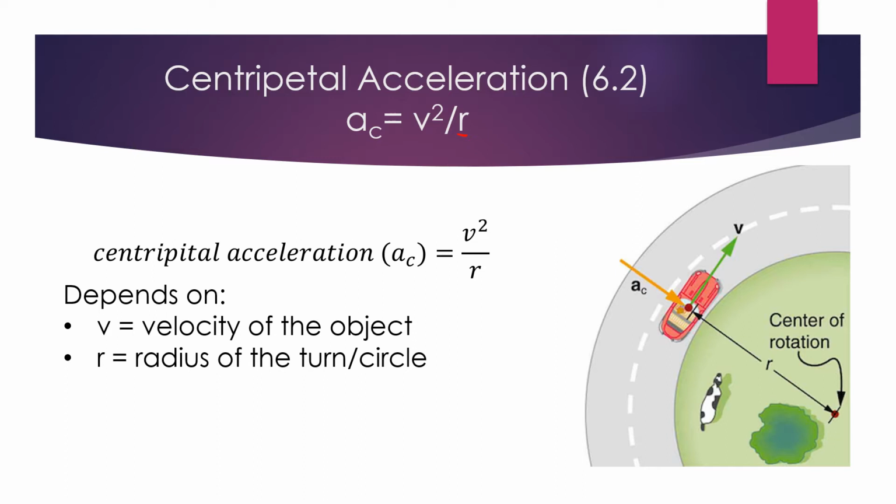We need to know the velocity of the vehicle, this green vector here, as well as the radius of the circle. The radius is going to be in meters, very similar to the d values we've been using in the Chapter 4 equations. Same units.